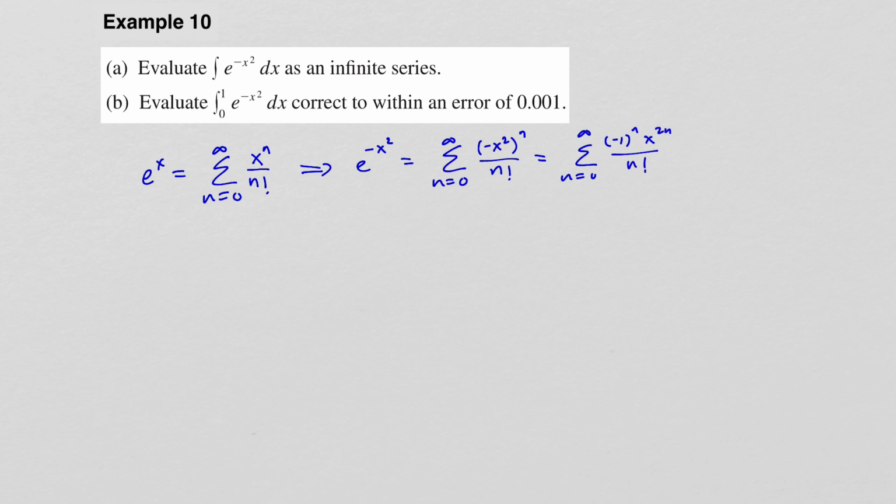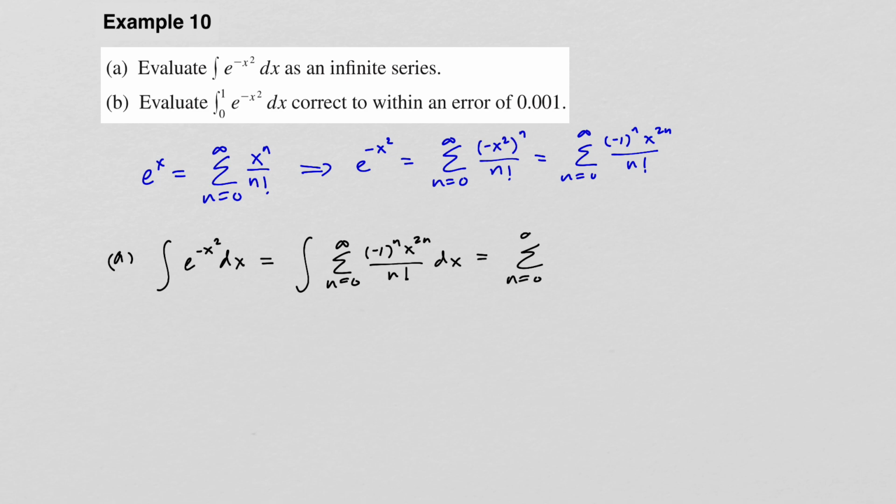So now for part A, if I want the antiderivative of e to the negative x squared, I just need to take the antiderivative of the power series. And I think you know how this works by now, so what we're going to do is basically just take the antiderivative of x to the 2n.